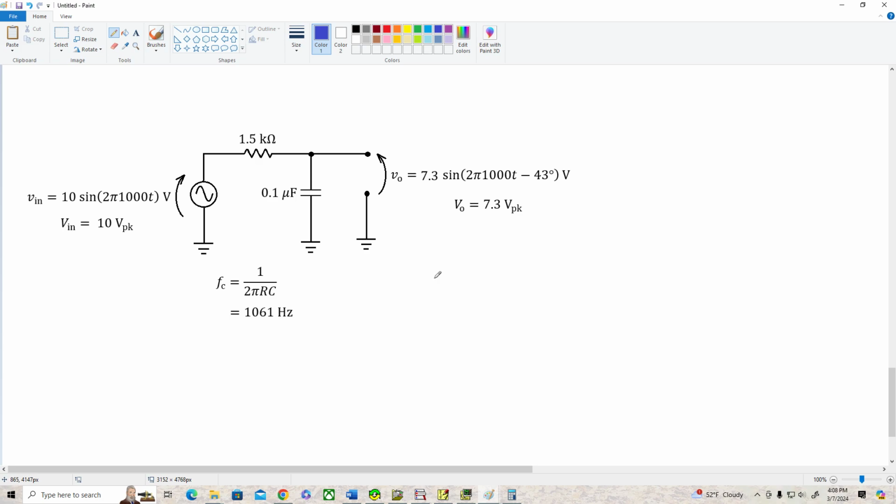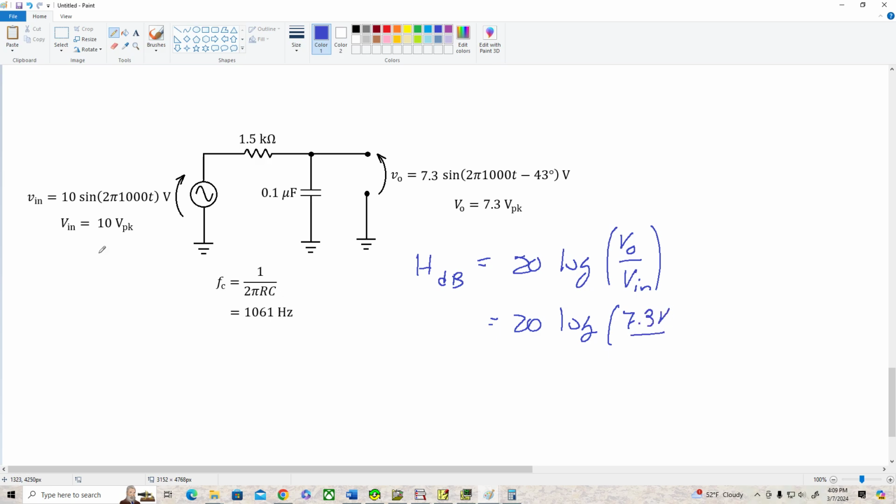So for this filter at 1 kilohertz, its response, which we'll label as H, remember, when we're dealing with filters, very often we use H to represent its gain. So H in decibels is equal to 20 times the log of V out over V in. So we've got 20 log 7.3 volts divided by 10 volts, which is 20 times the log of 0.73.